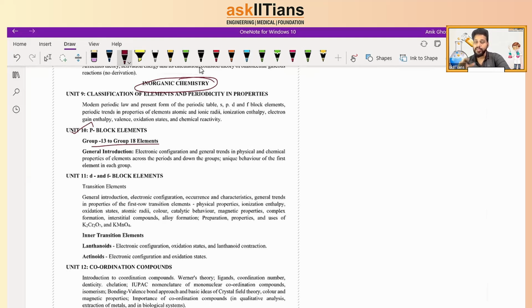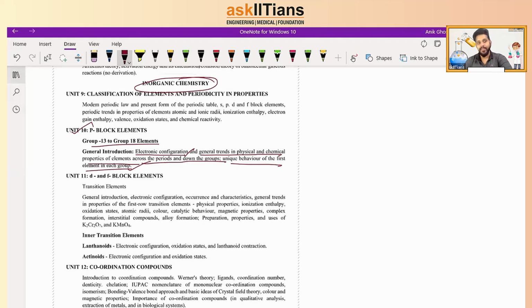But guys, when you look into the details of this topic, you'll be able to see the electronic configurations are included, general trends in the physical and chemical properties of the elements across the periods and down the groups, and the unique behavior of the first element of each of the groups. So guys, they have only a quarter of every single chapter.